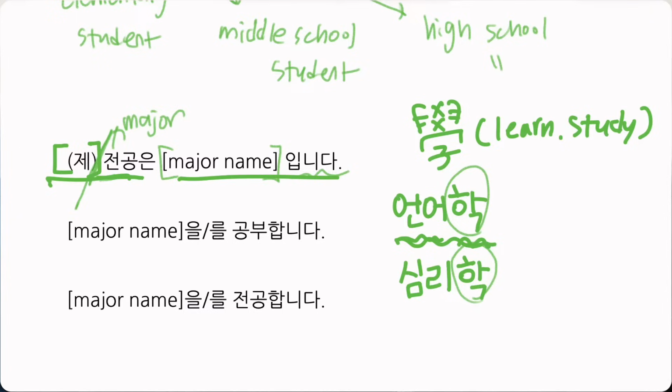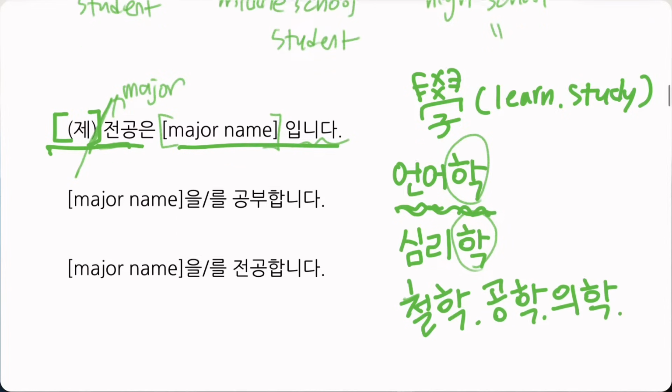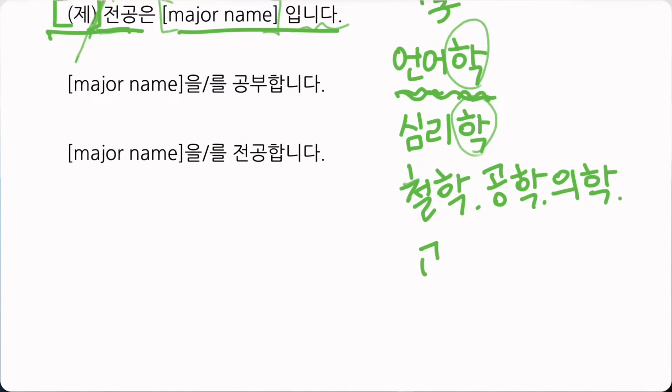그리고 what are your majors, guys? Can you tell me what your majors are? If you major in philosophy, you can say 철학. If you major in engineering, 공학, medicine, 의학, education, 교육학.